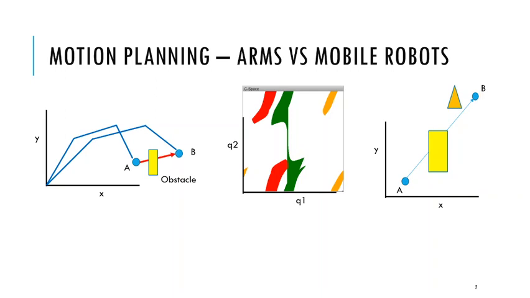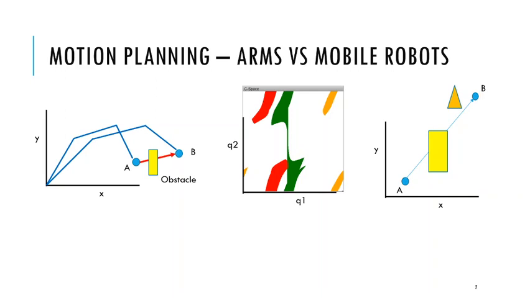Last week we talked about practical algorithms that work well for robot arms, where the configuration space, which is the space I am doing motion planning in, tends to be high dimensional, 6 or 7 dimensional, meaning the robot has 6 or 7 joints. But for a mobile robot, the space that you are searching in is mostly lower dimensional.